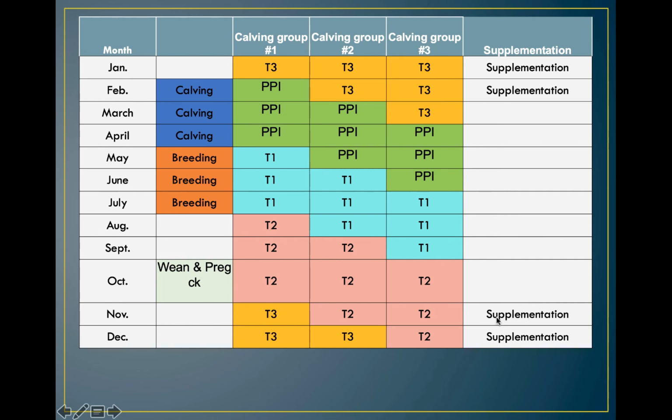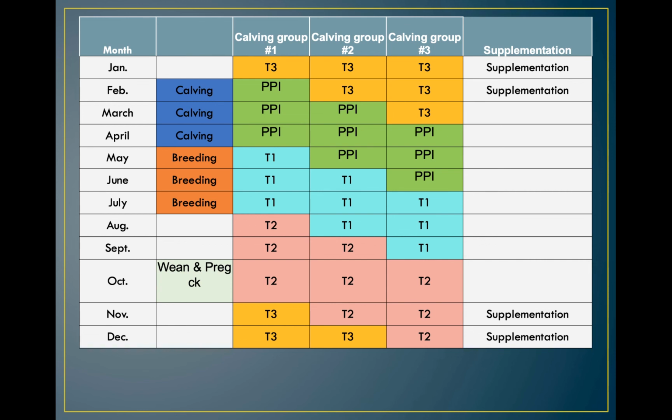So I'm going to have to see supplementation start in November, December, January, and February. Hopefully by March, our grasses have come on enough to supply the additional protein, so we don't have to supplement.